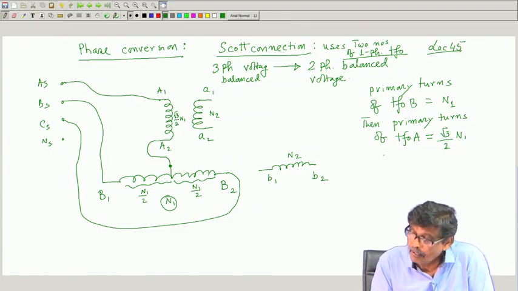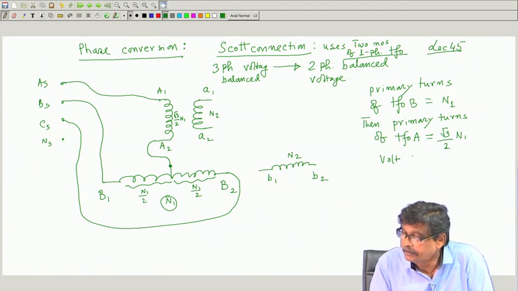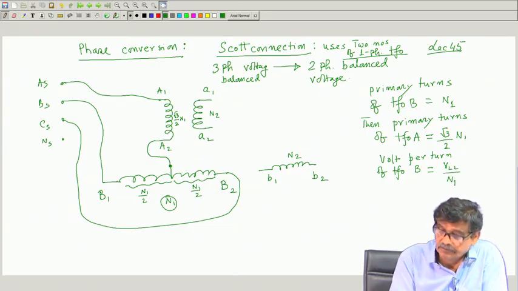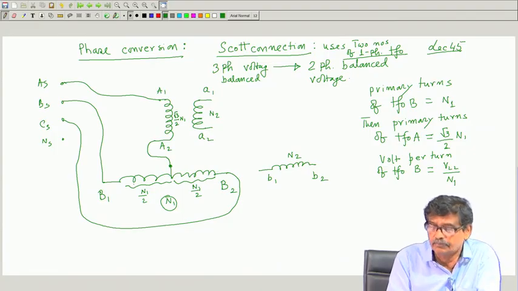So, volt per turn of transformer B is equal to V_LL by N1, total turns is N1, V_LL voltage per turn.